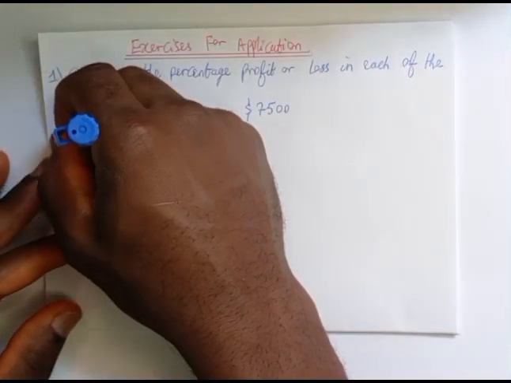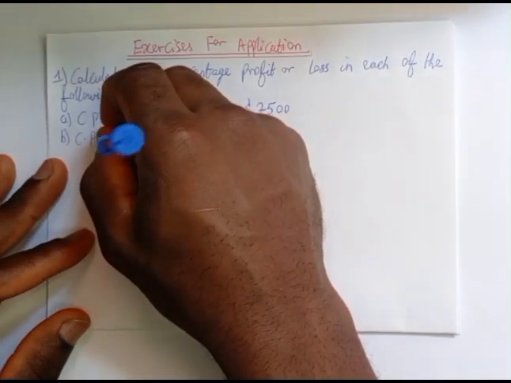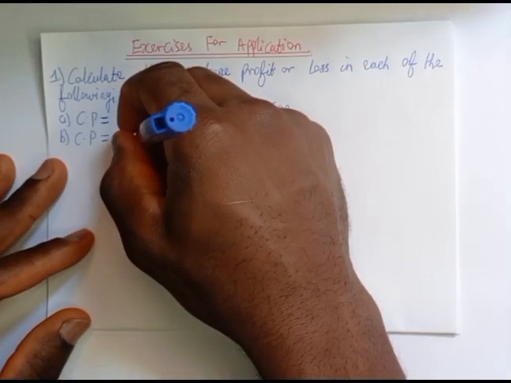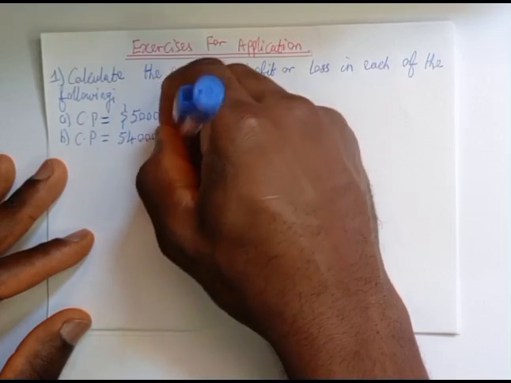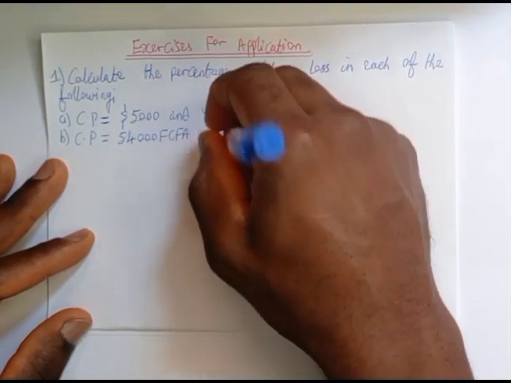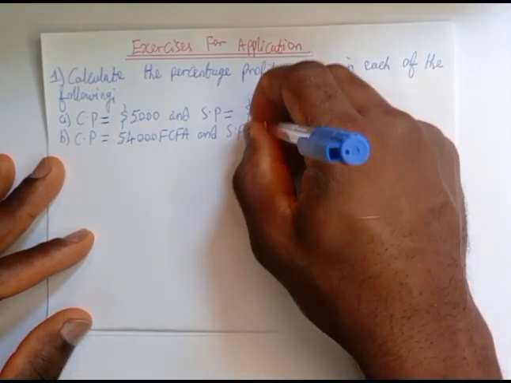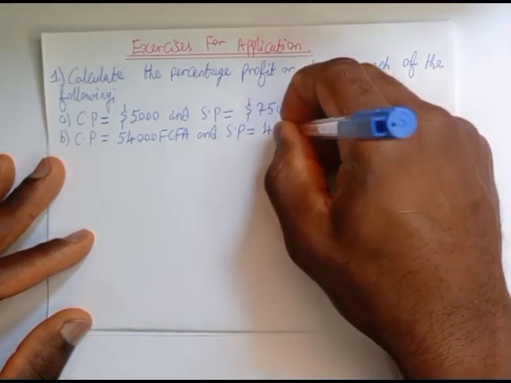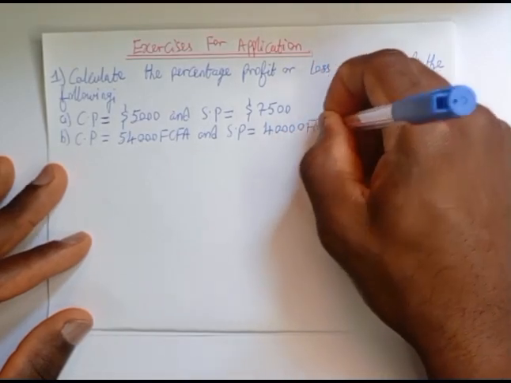For B, a cost price of 54,000 francs CFA and a selling price of 40,000 francs CFA.